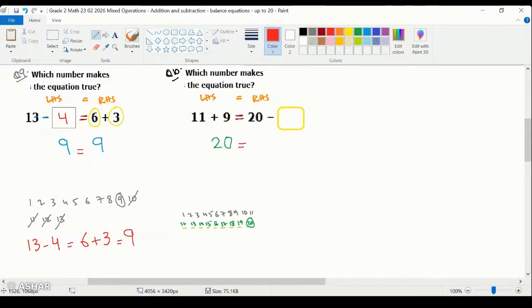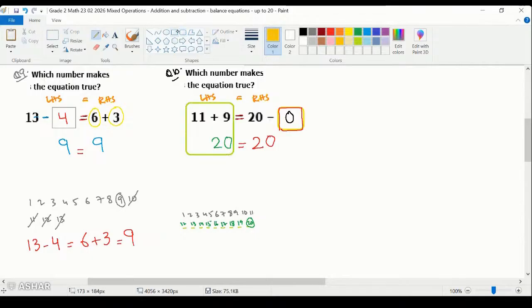Yes, thank you. So what should be the missing number to make it also equals to 20? 20 minus nothing, right? We cannot subtract anything. So when we subtract nothing, we write 0. No, Lacia, what we need to see over here is 11 plus 9 was equals to 20, right?